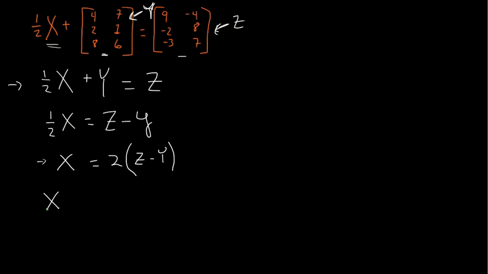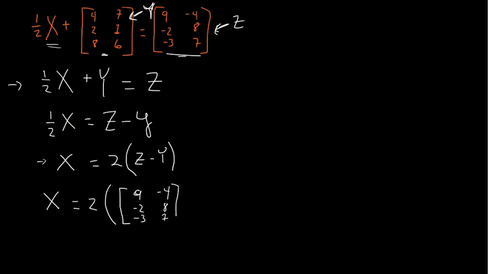We would have x equals, now I have to set this up, 2 times a quantity, and inside the quantity are these 2 matrices. This first one is the z, which is this one. So this will be 9, -2, -3, -4, 8, and 7.